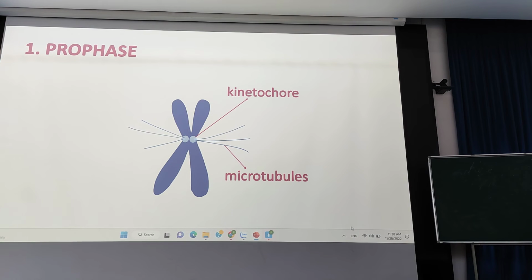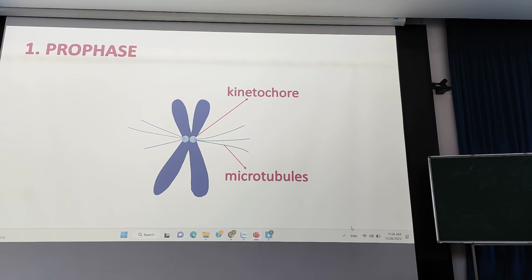The small blue circle. It transports proteins to the microtubules to attach to the chromatin.